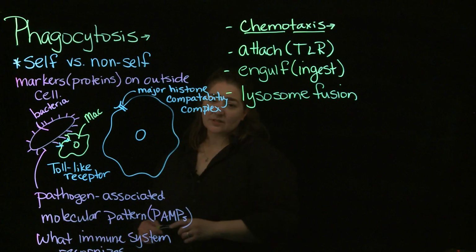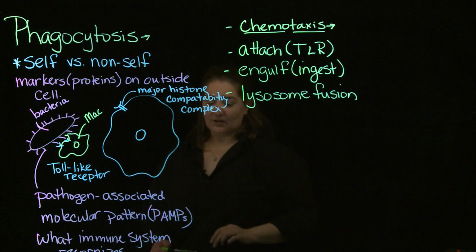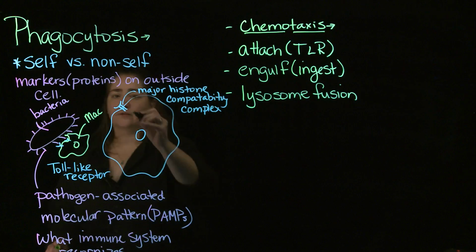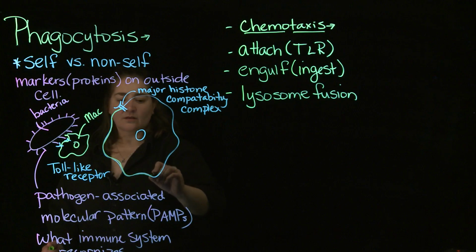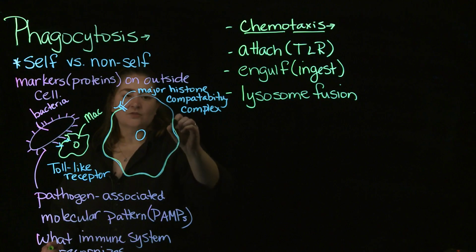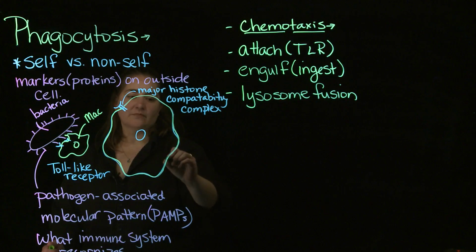So if we use our cell over here, now we're going to make this our macrophage, okay? Because I want to kind of blow things up here, or at least draw it so you get a better feel for things, okay?